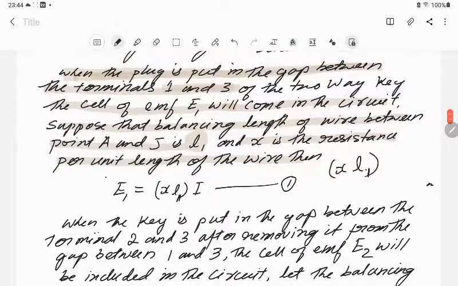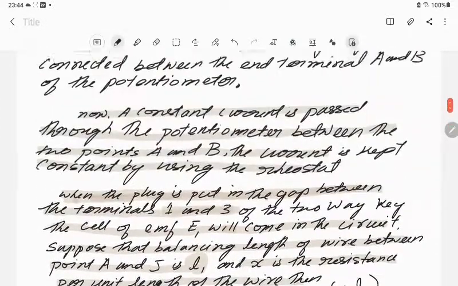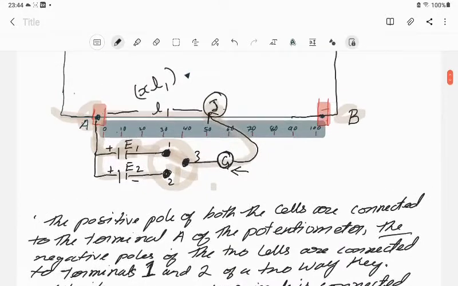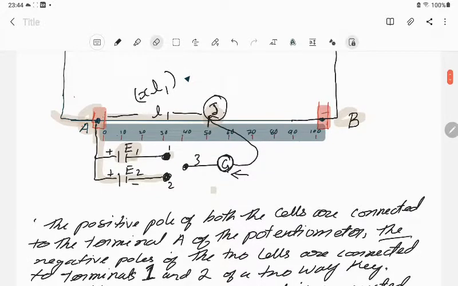Now for the next step, in the first step we connected 1 and 3. Now remove this 1 and 3, disconnect it, and then connect 2 and 3.